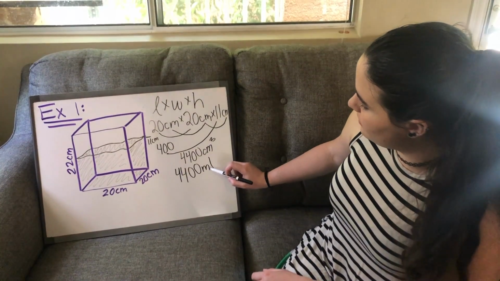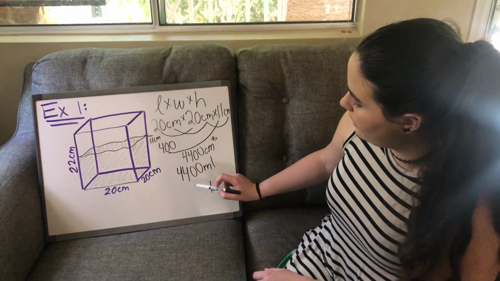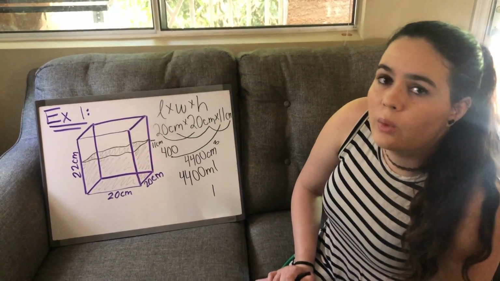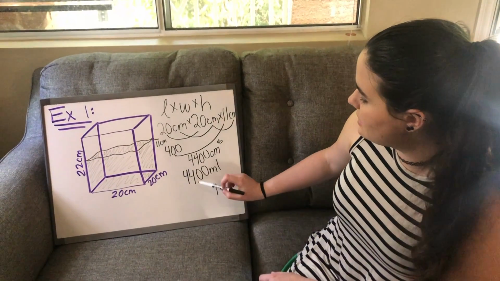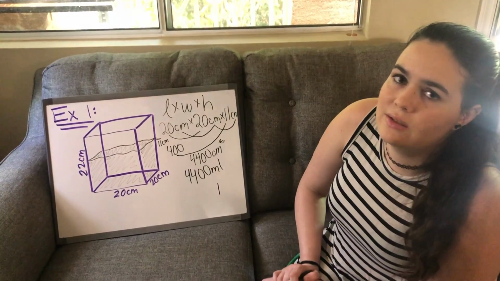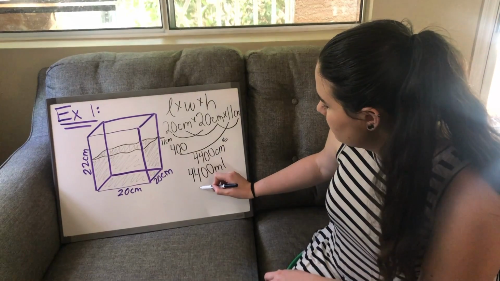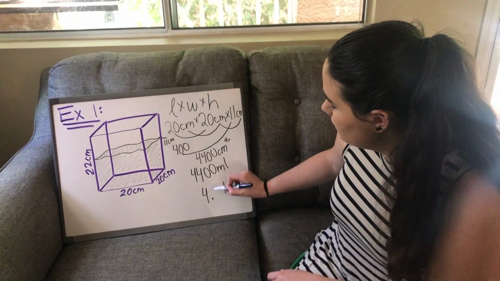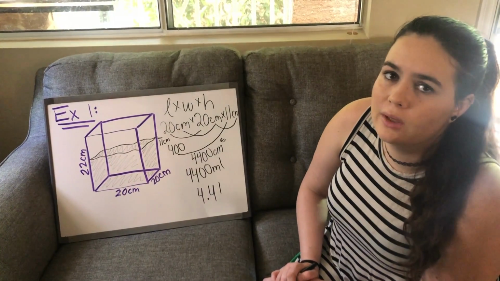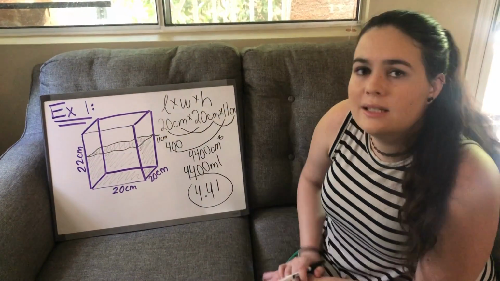So now to go from milliliters to liters. How many milliliters are in a liter? 1,000. So we are going to divide our 4,400 milliliters by 1,000, which leaves us with 4.4. There are 4.4 liters of oil in our container right here.